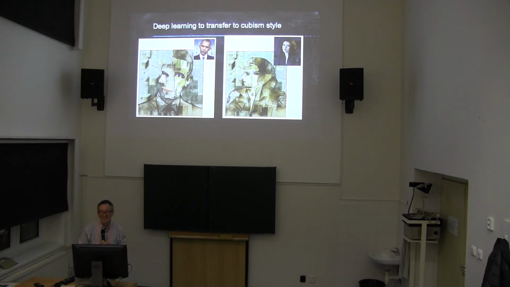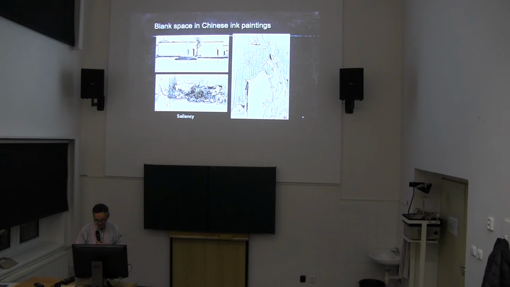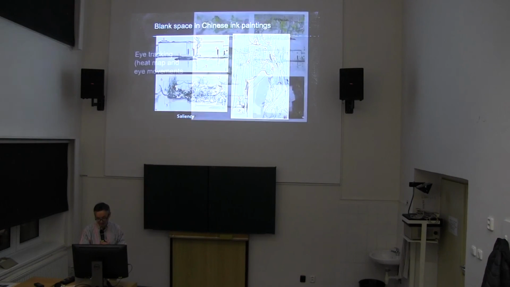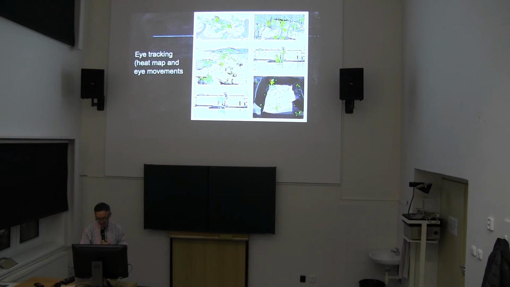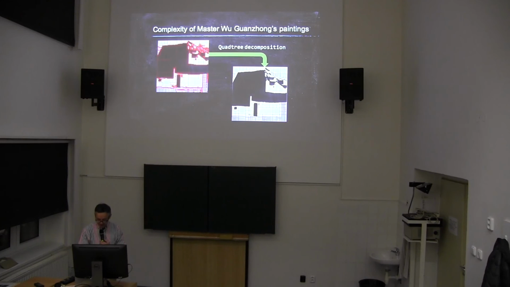Okay. So finally, we did a little bit of work on Chinese ink paintings. We tried to look at the blank space, whether it is meaningful. Actually, it is meaningful. And also we use eye tracking. And then we computed the complexity of his painting, like this one, and the complexity of this master artist's work.